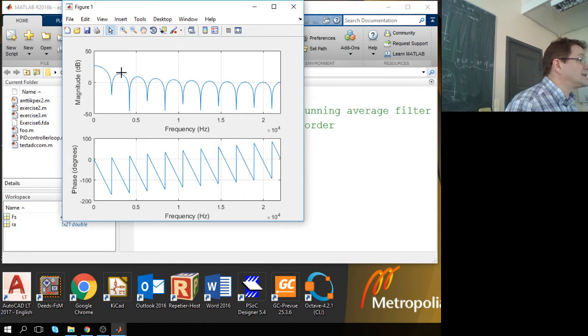So basically, this is the level. Oops. Of course it does like that. That's the level of this stop band attenuation. It's the highest point on the amplitude response after the pass band. Okay, and that's not much.